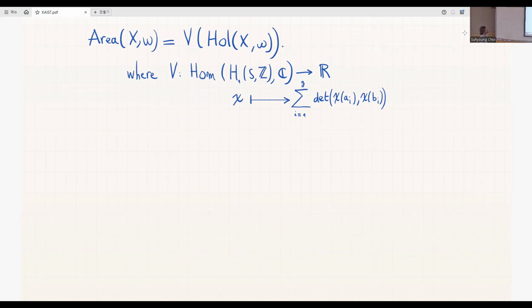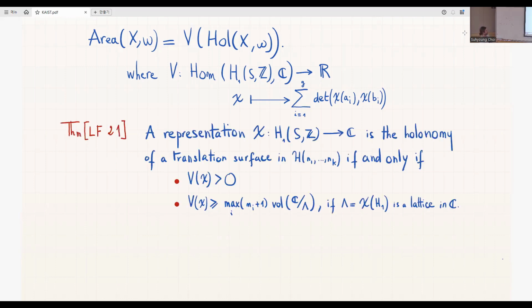To a representation χ, I associate this function, the sum of the determinants of χ(a_i), χ(b_i). Okay, so in particular, if I want a representation to be a holonomy, well, it had better have a positive v, right? If I have a χ like this and I want it to be a holonomy, well, v of χ must be positive because it's an area.